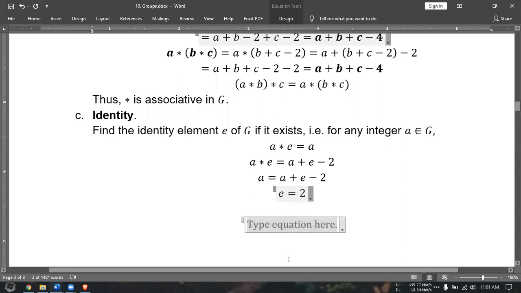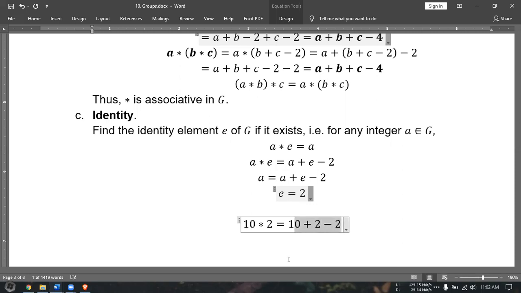So let's say 10. 10 star 2 should be equivalent to 10 plus 2 minus 2.